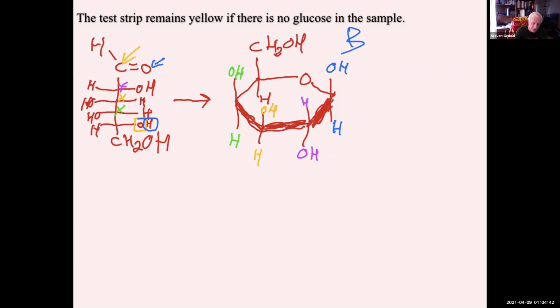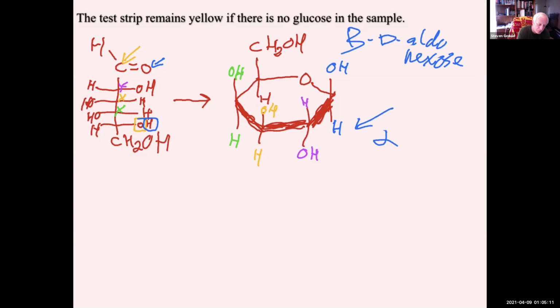And so this is beta-D-aldohexose. If the OH group was down, this would be alpha-D-aldohexose. And that's how you determine this.